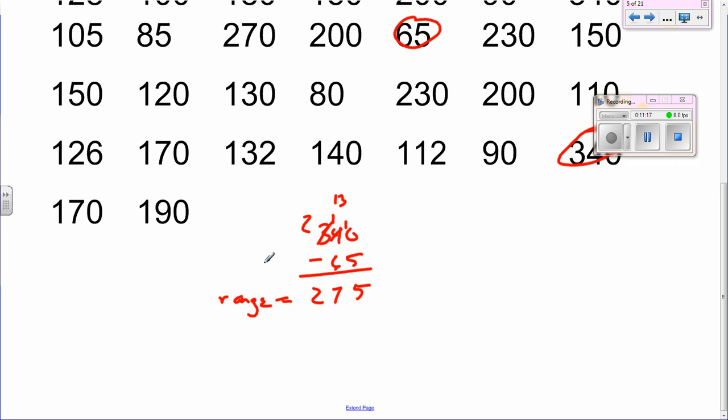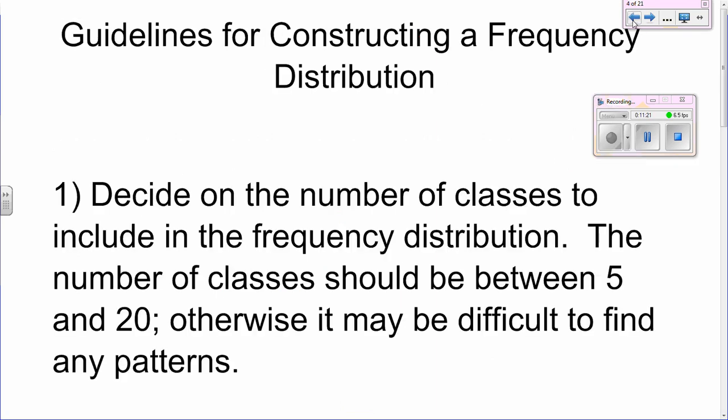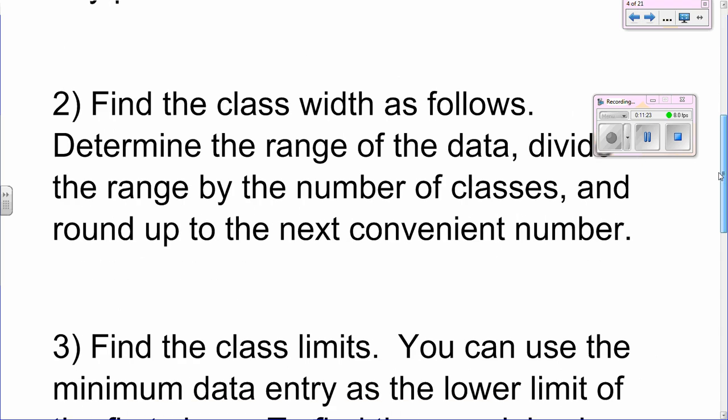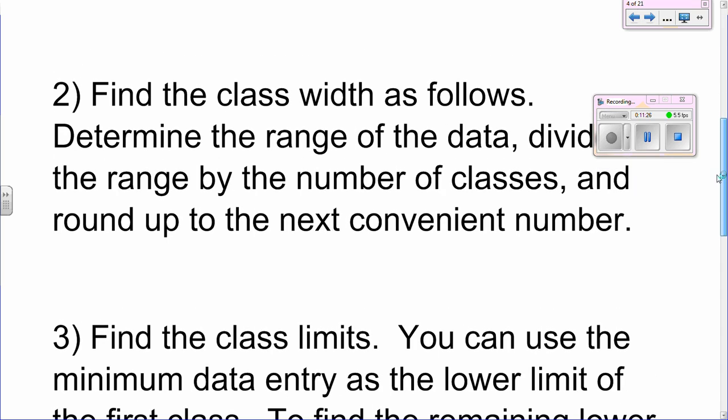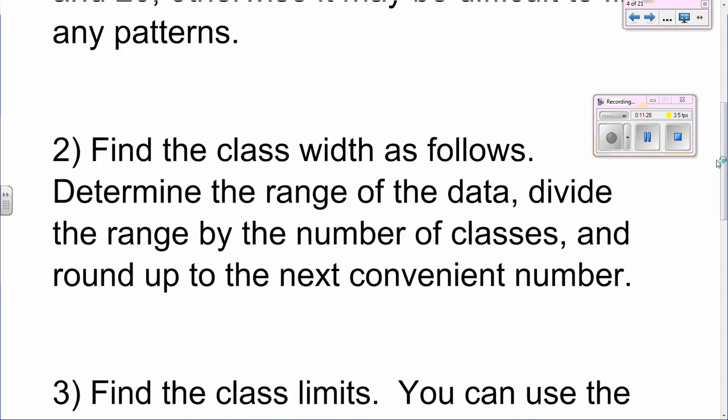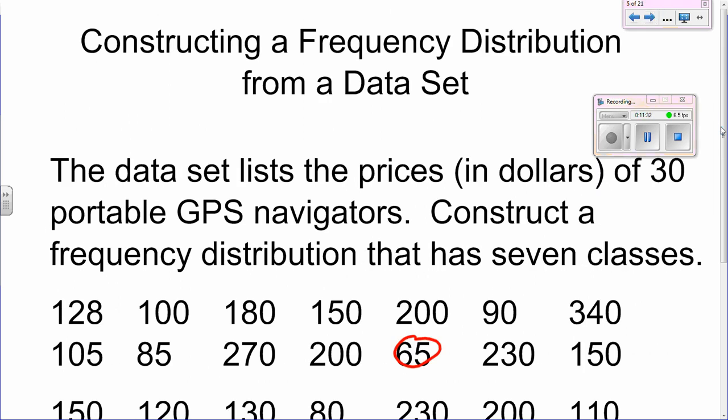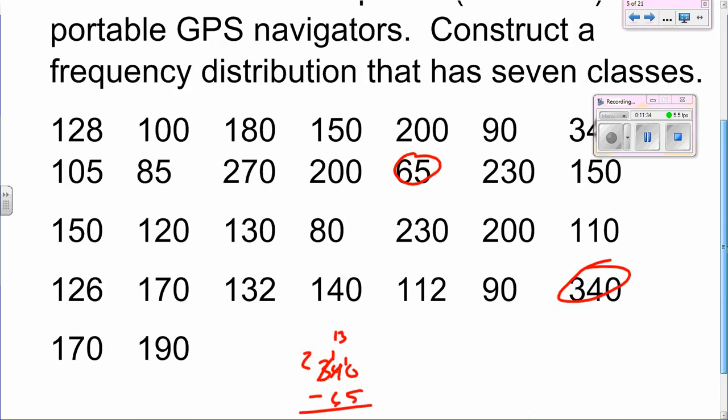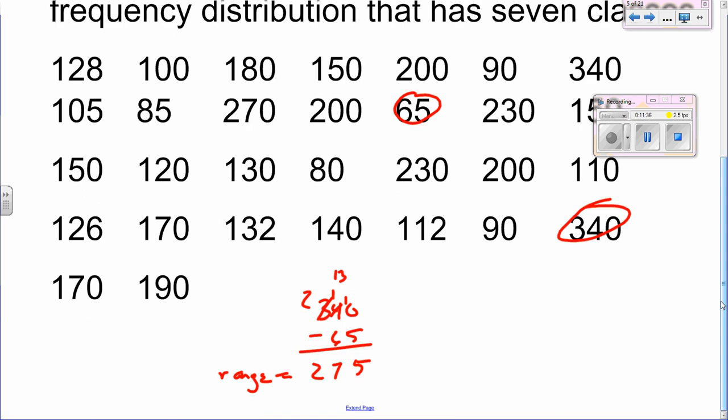Okay, so the next step in this process was, if you remember, to divide the range by the number of classes. Well, we have 7 classes, so we're going to do 275 divided by 7. And then you round that up to the next convenient number.